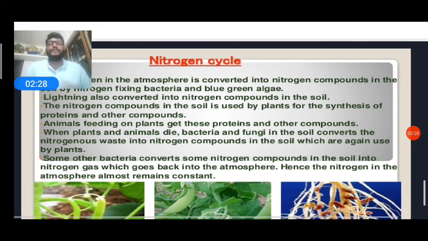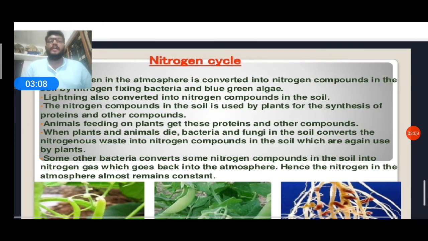Plants and animals are unable to take the atmospheric nitrogen directly. The atmospheric nitrogen is converted by some nitrogen fixation bacteria as well as blue green algae into a usable form, which plants use for photosynthesis, and animals also feed on that.